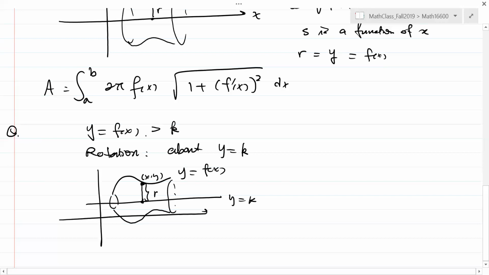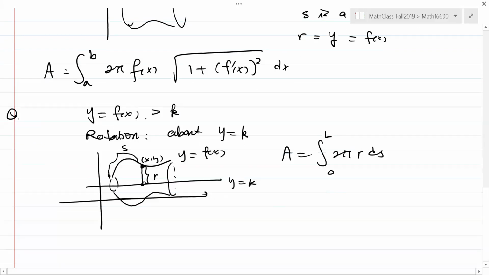And then s is the arc length from here to here. That's s, right? So the area is going to be 2 pi r ds. Okay, you can say s is from 0 to l. So s depends on x and y, but y depends on x.